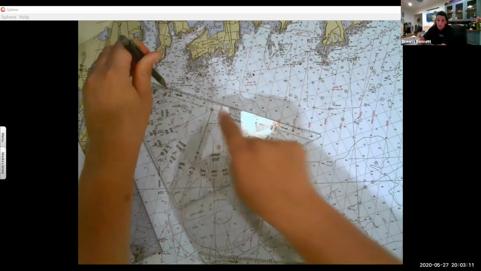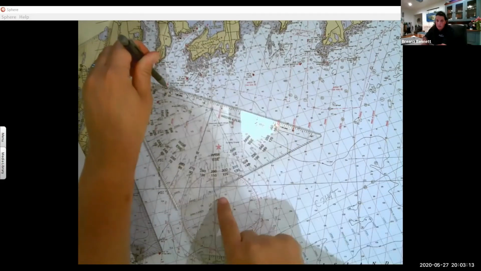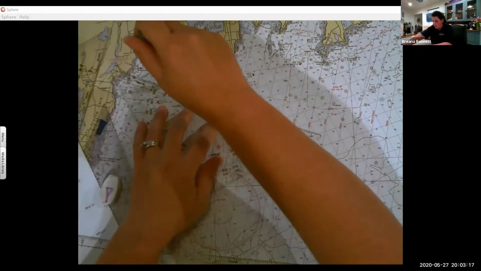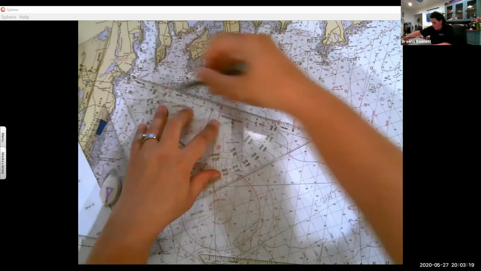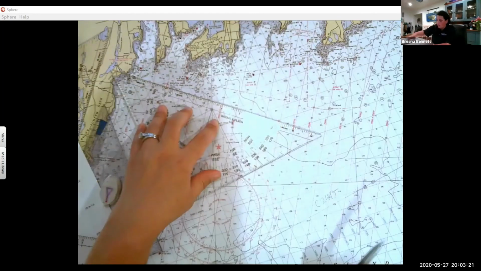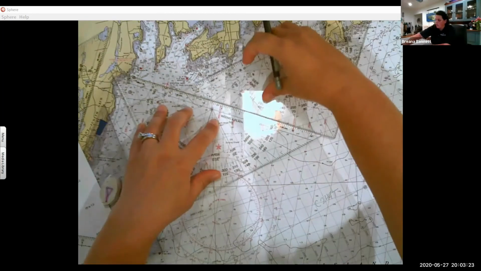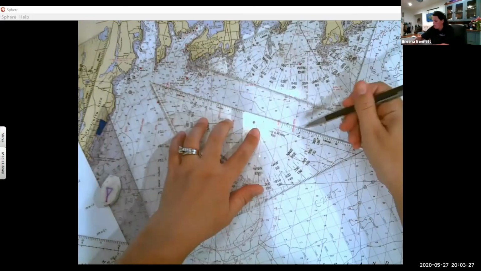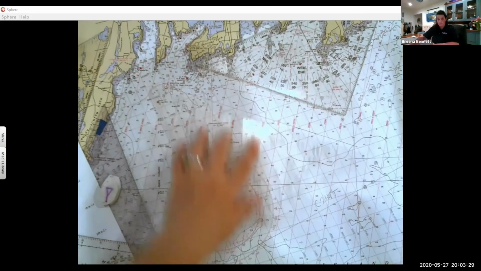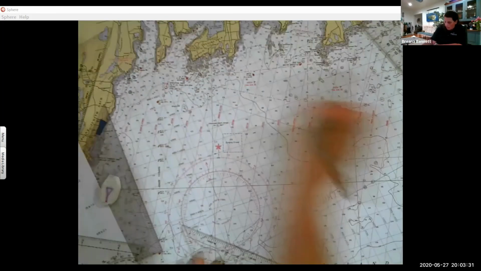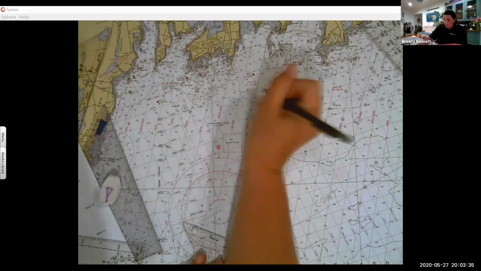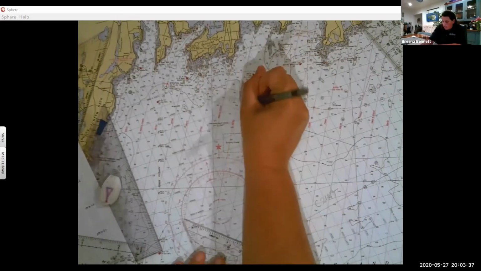So on my meridian, I have my focal point and 110. I'm gonna draw it a little bit further, just in case. So here I have 110 degrees true is my course, and my speed is 8 knots.